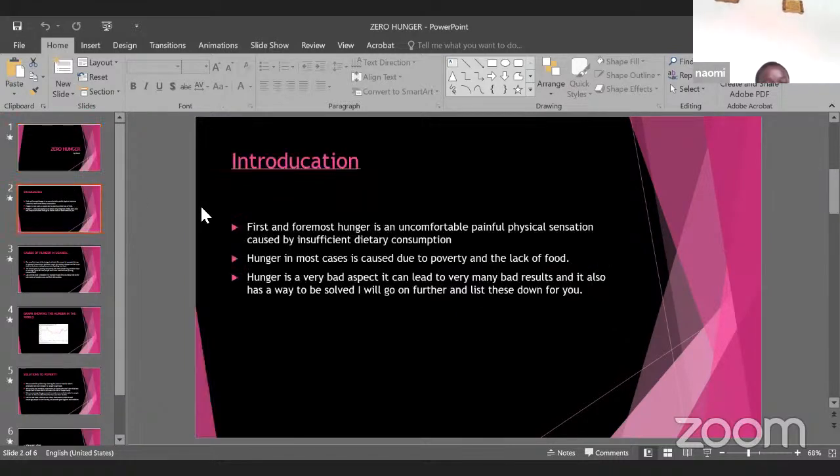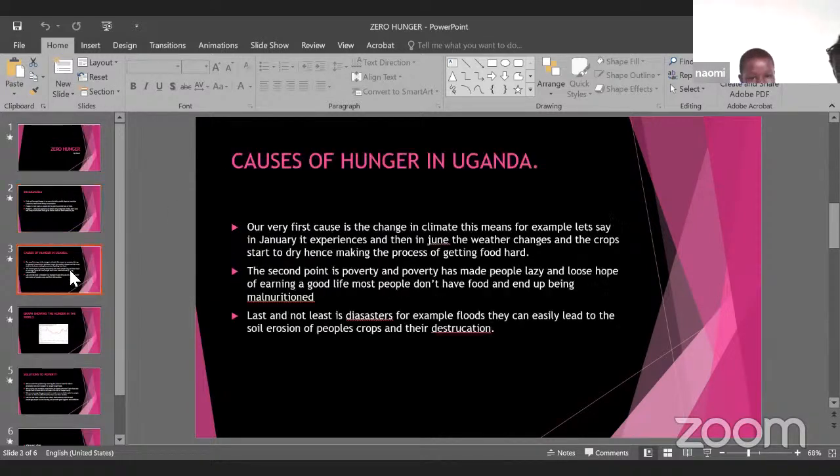So first of all, hunger is an uncomfortable physical sensation caused by insufficient dietary consumption. And there are very many causes of hunger in the world. First of all, there's change in climate, and hunger usually takes place in some sub-regions like Karamoja, and it can also lead to malnutrition.